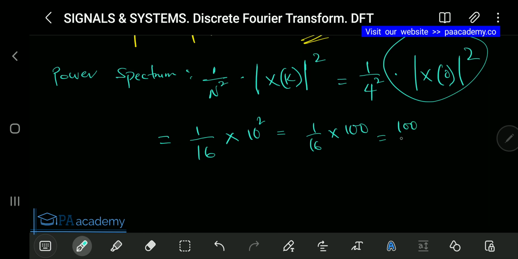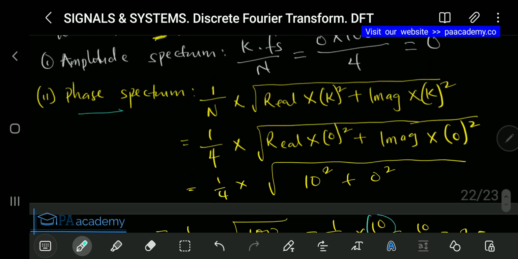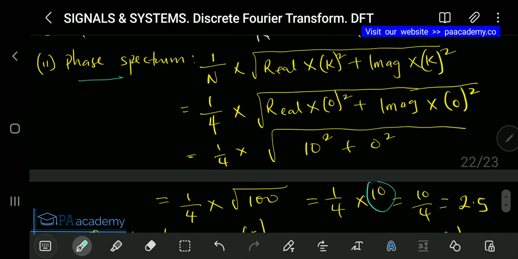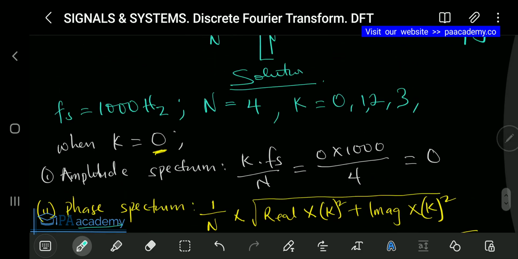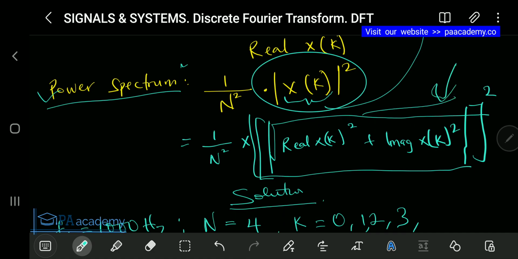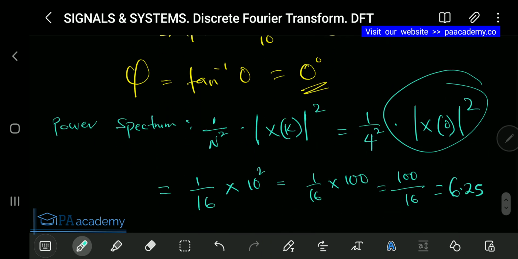So that's 100 over 16, and that will give us 6.25. So if you're in doubt, you can just do the calculations, and you'll see that you're still going to get the same thing. Instead of going through all of this again, that's just to make the work much easier.